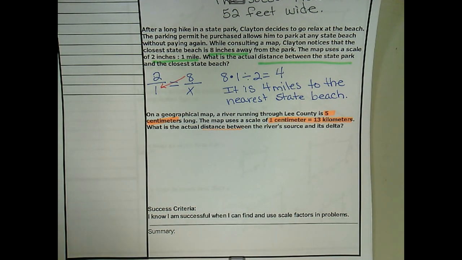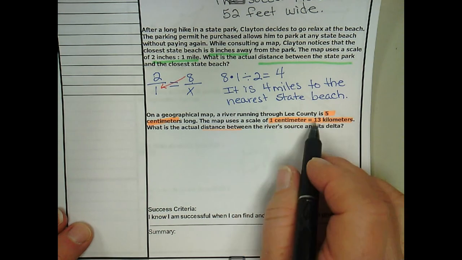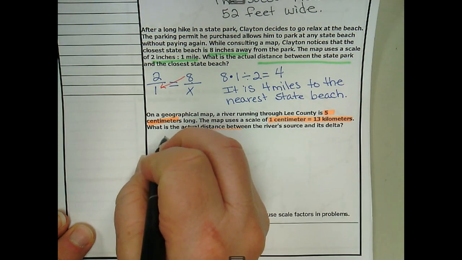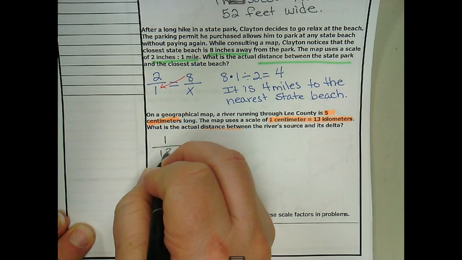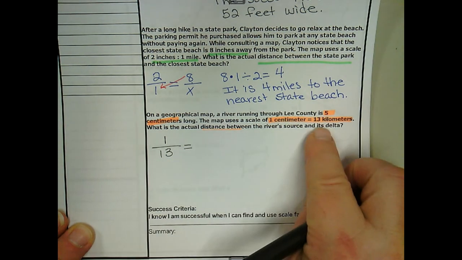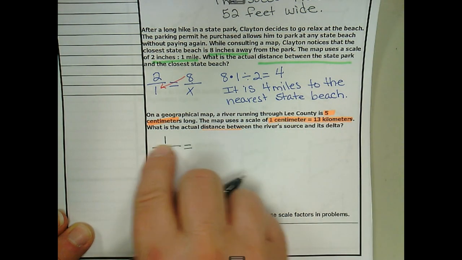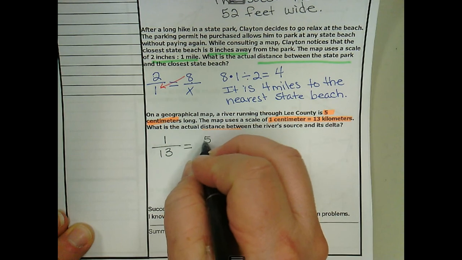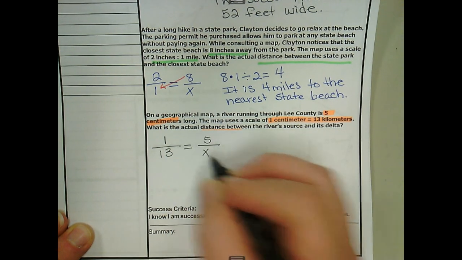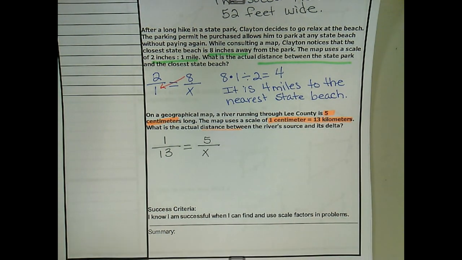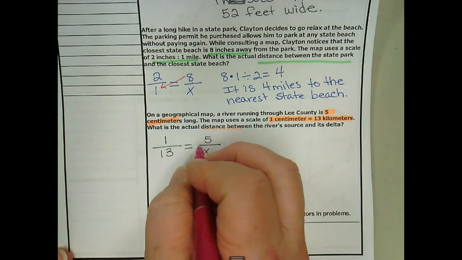Set up our fraction. 1 is to 13. 1 centimeter is to 13 kilometers as. Well, this is in centimeters, so I know the 1 and the 5 have to be in the same spot over x. Once again, we can do that cross multiplication.